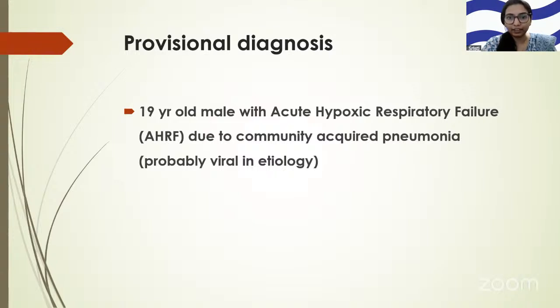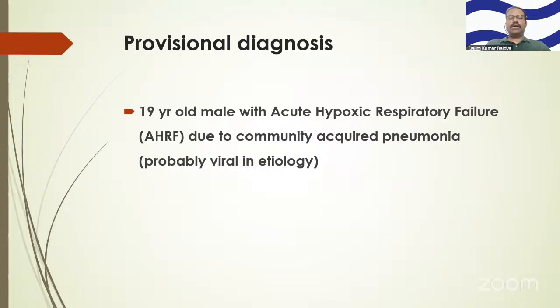And also, we need imaging modalities such as chest X-ray, which should be showing bilateral pulmonary infiltrates, which could not be explained by other pathologies. Right, exactly. So this leads us towards the discussion of the definition of ARDS.